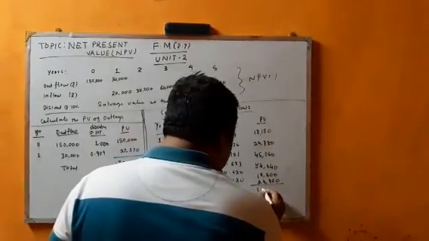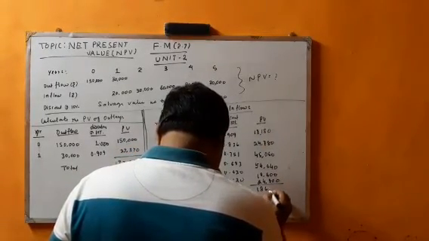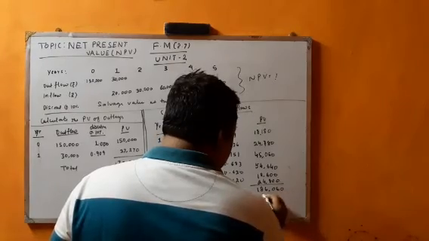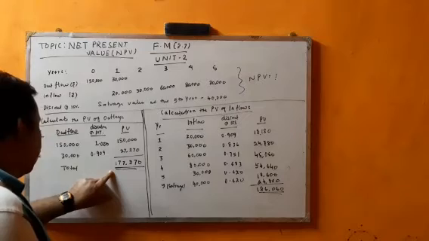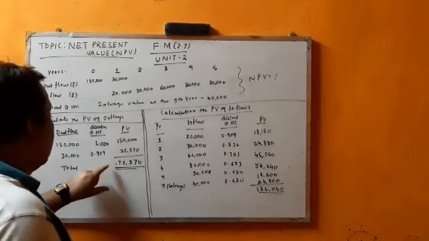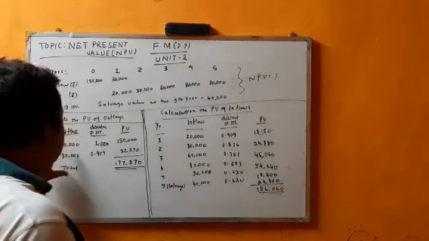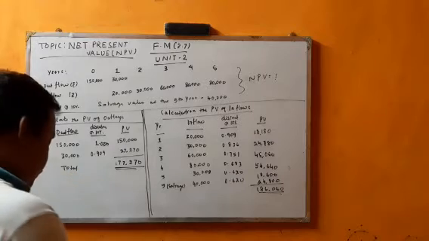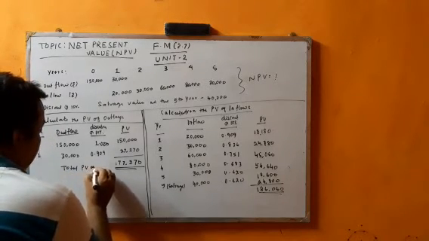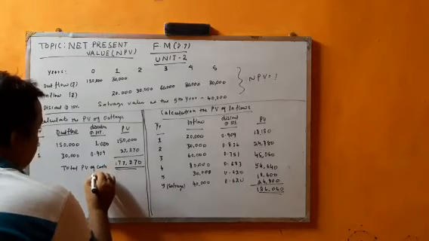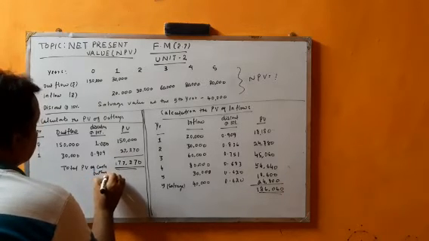Then this is 1,86,060. So my dear students, this is the total present value of cash inflows, and the earlier figure is the total PV of cash outlays or outflow.